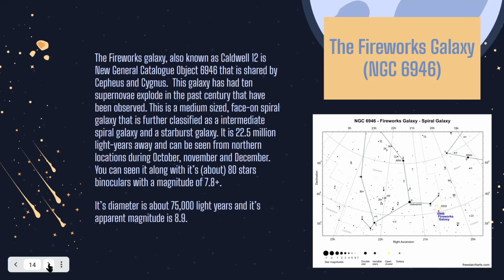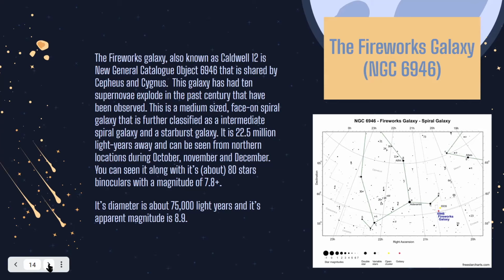So it is shared by another constellation along with Cepheus. This galaxy has had over 10 nova explosions in the past century. Those 10 have been observed, likely with others that have not been observed.